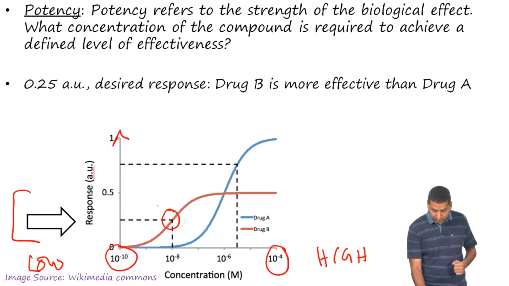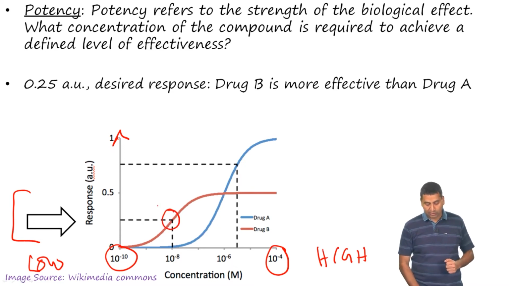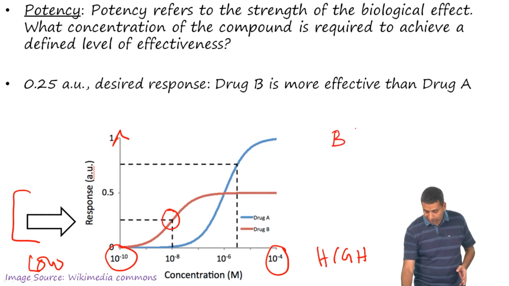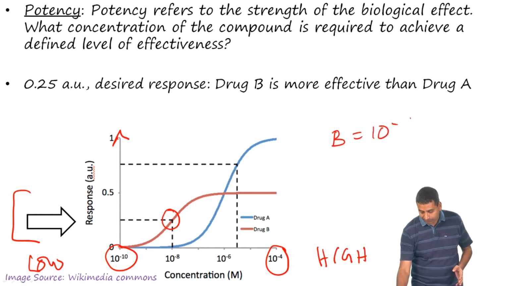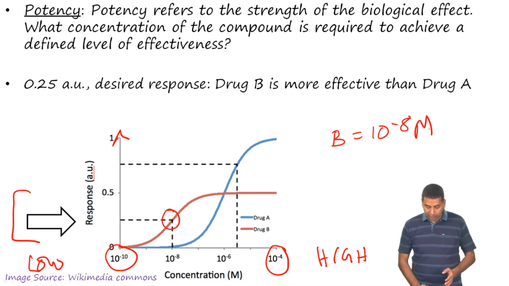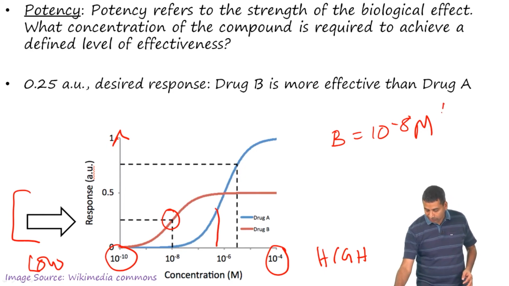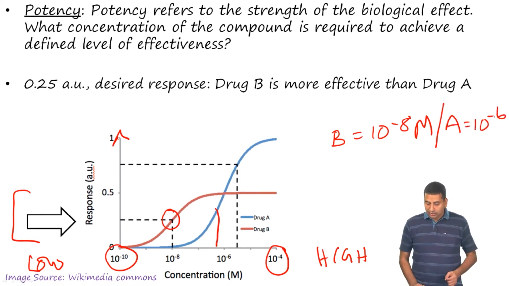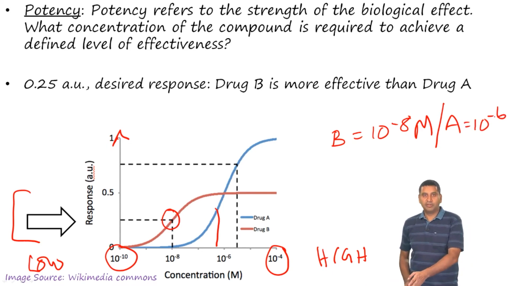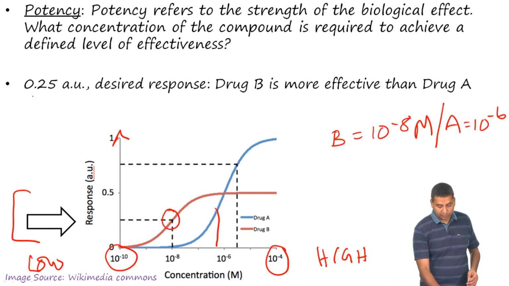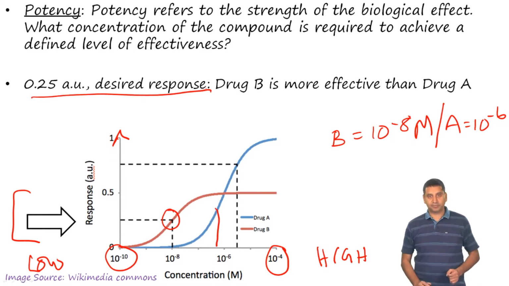The concentration at which B is effective is 10 power minus 8 molar, whereas the concentration of A required to achieve the same effect is around 10 power minus 6. Therefore, B in this example is far more effective than A if the desired response is 0.25 units.